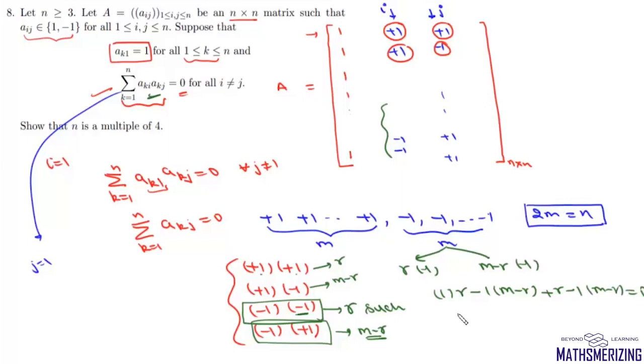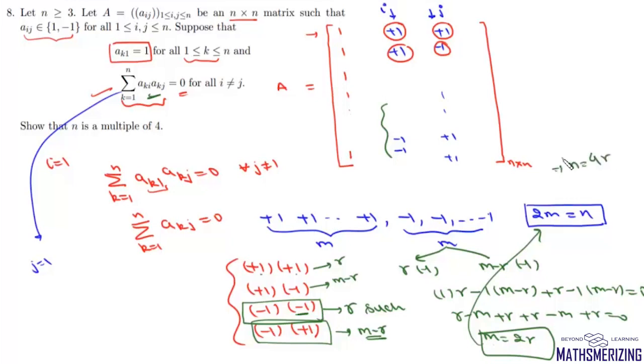So if we simplify it, we'll get r minus m plus r minus m plus r equals 0. So from here we'll get m equals 2r. Now n is 2m, so we'll replace m with 2r. We can write n equals 4r, and from here we can say that this n is a multiple of 4, and that is the answer to this question.